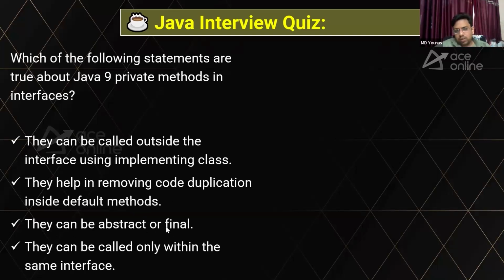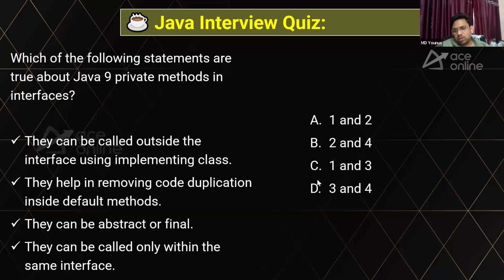They can be abstract or final? No, because final and abstract don't make sense for private methods. They're implemented methods. The abstract and final both make no sense actually. They can be called only within the same interface. Yes, they can be called only from the same interface. So option B and option D are correct here.